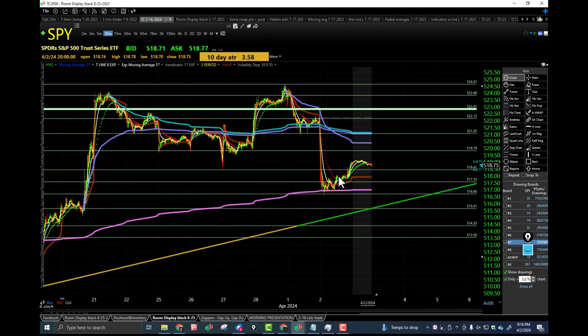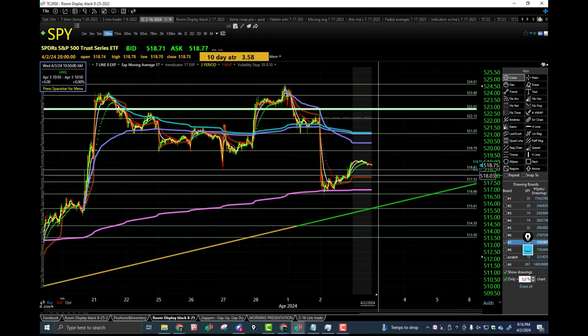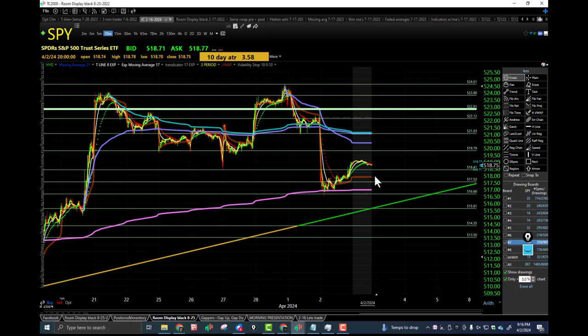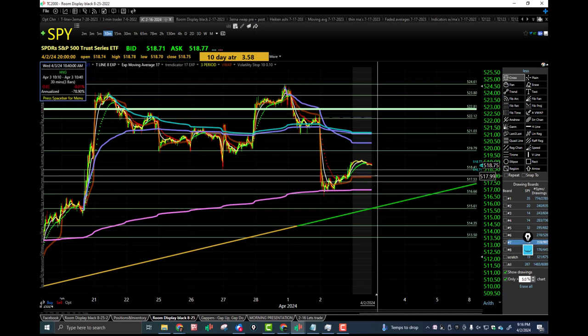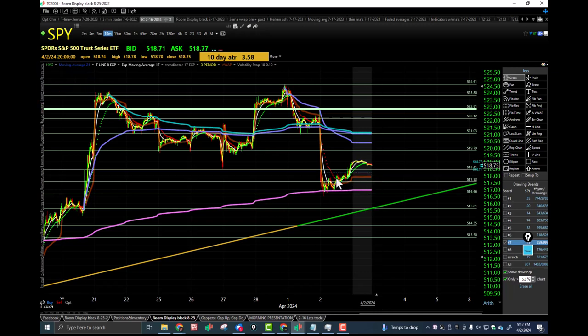If it doesn't, then chances are it's going to consolidate, and that's when you're going to get your chop. If it doesn't bounce more than $1.25, chances are it's going to chop.